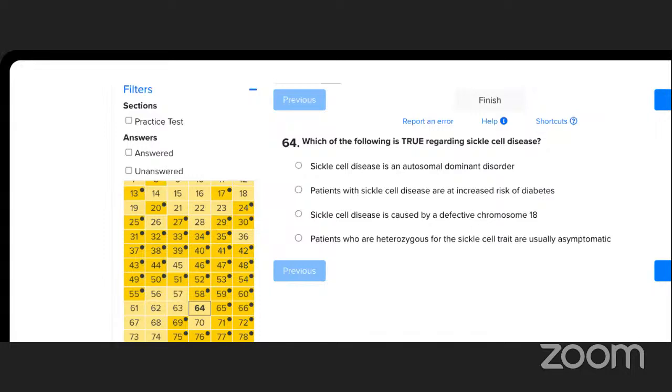When you're studying for these types of questions, just make a mental note that if D is true, that means that A, B, and C are false. We're going to go over more when we go through the answer section. It's going to start making sense.